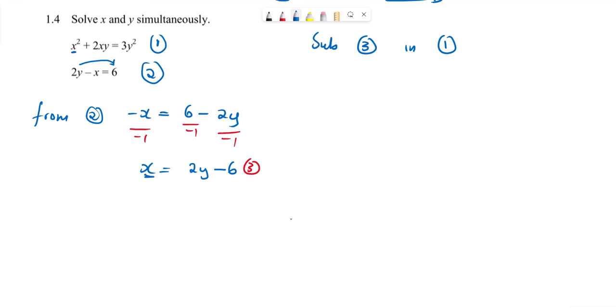So therefore that's x squared, that will be 2y subtract 6, all squared. Okay, and then plus 2x, which is 2y subtract 6, multiplied by y, that is the same as 3y squared. Okay, so before you go, check, did you substitute correctly?